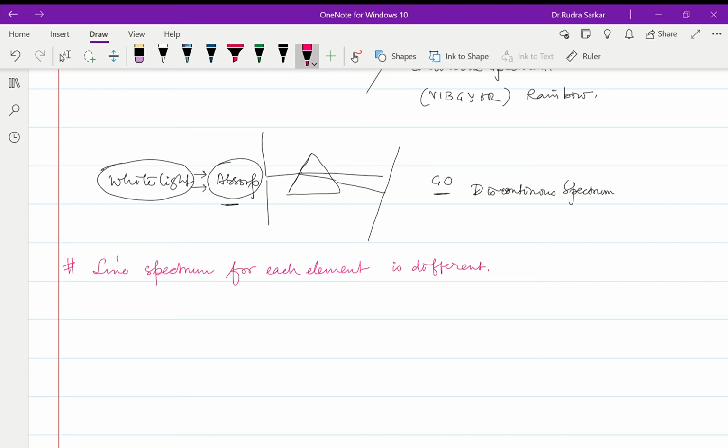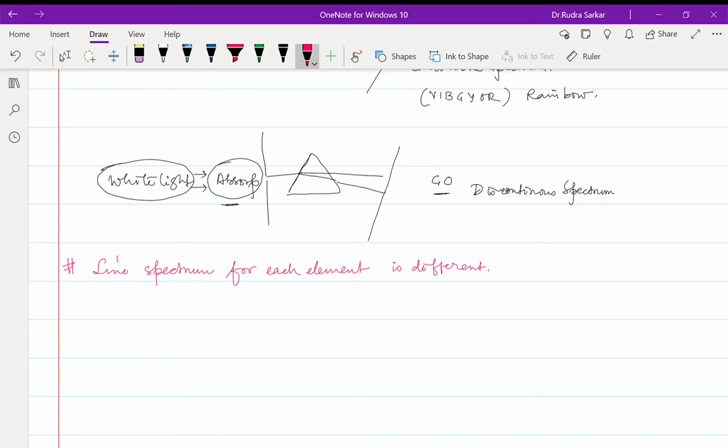So we can say it is almost like a fingerprint, like your hand print, the lines on your hand, it is different for everybody. So every line spectrum is like a fingerprint of an atom. Like your DNA is different, everybody's DNA is different, right?